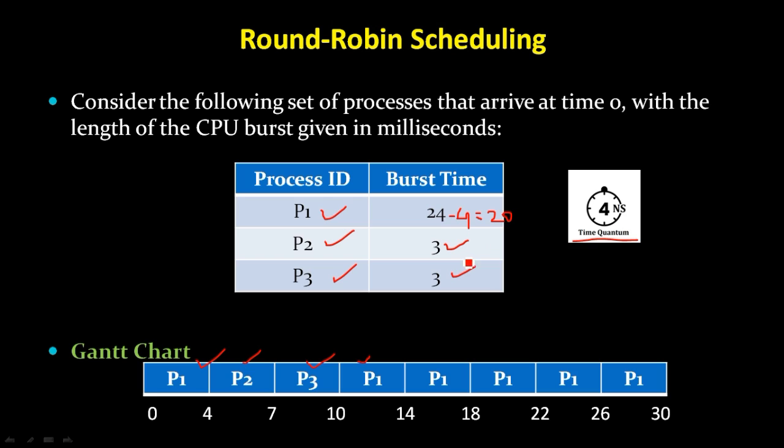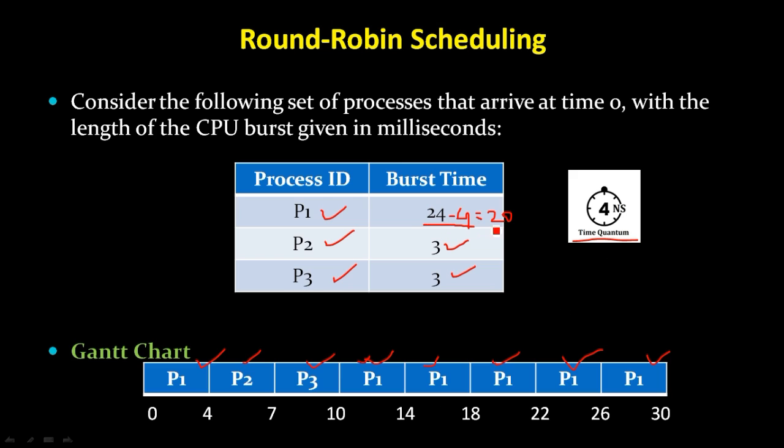Therefore, after this, all the time quantums are allocated to P1 since there is no other process in the CPU. The CPU will allocate its time quantum to P1 until it completes its entire burst time.